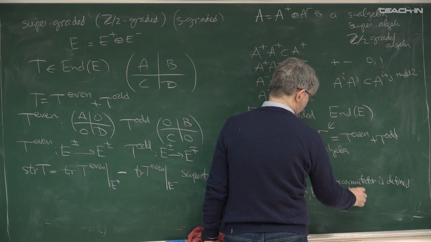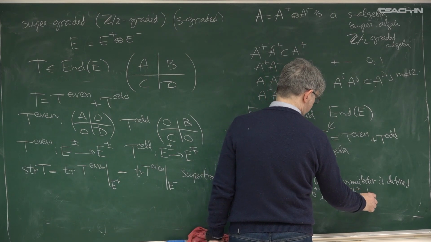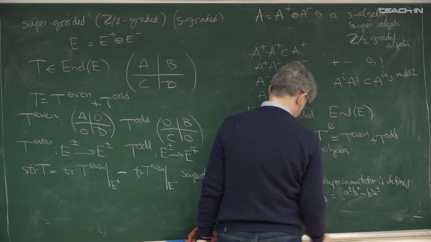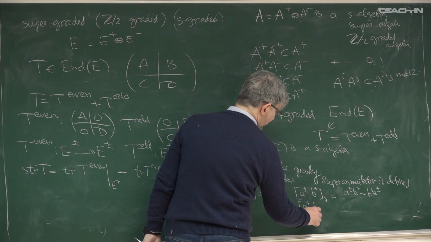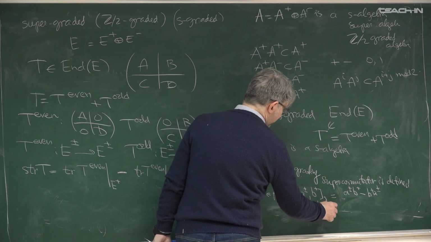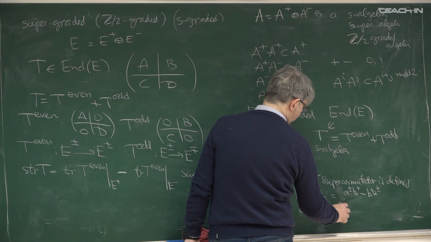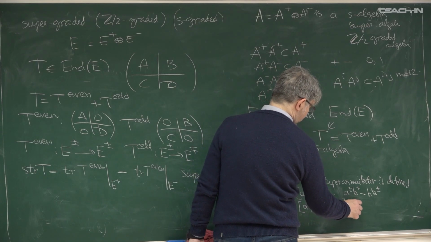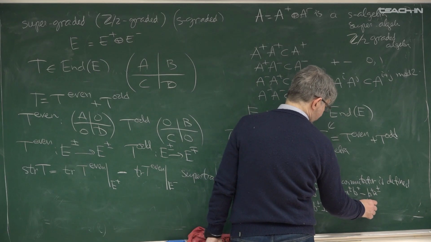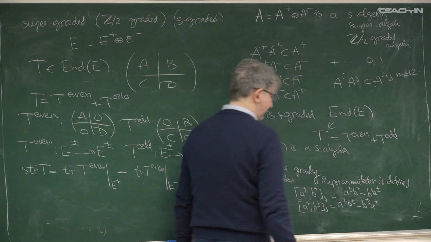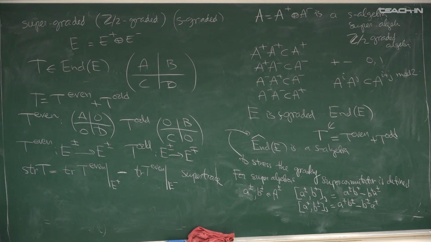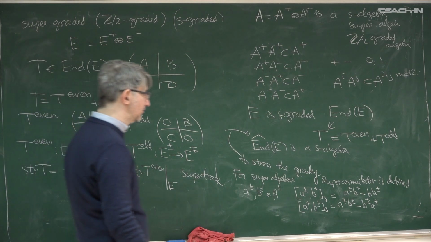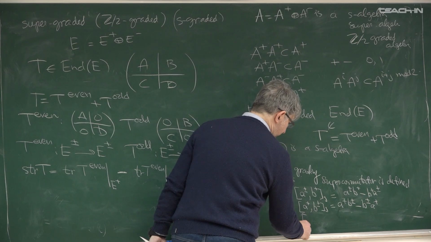Let me write it in explicit way. If you take the supercommutator with A plus in the first place and B something in the second place, it is given by the same idea, the standard commutator. Only one formula is left. Which one? Yes, and this is an anti-commutator.